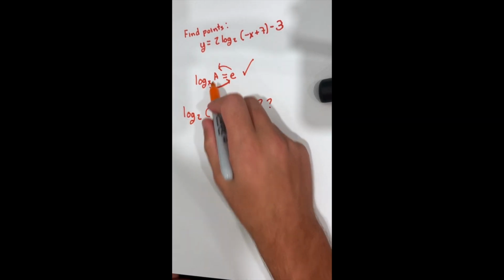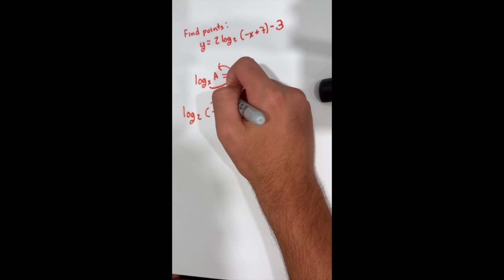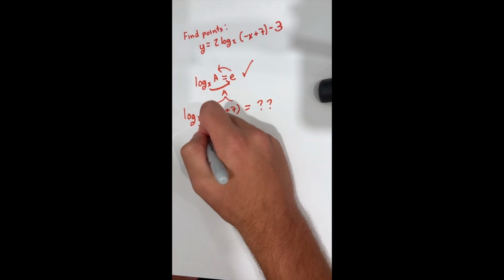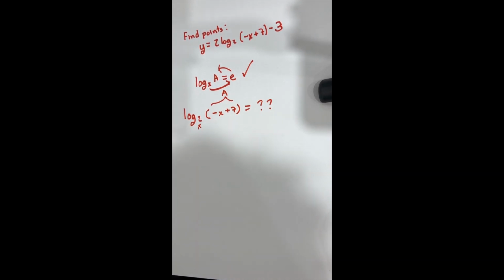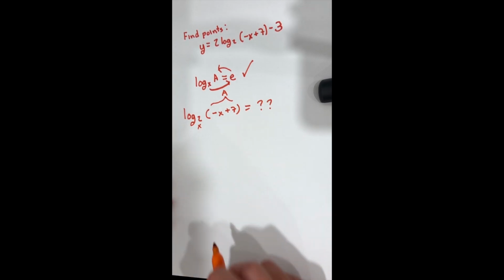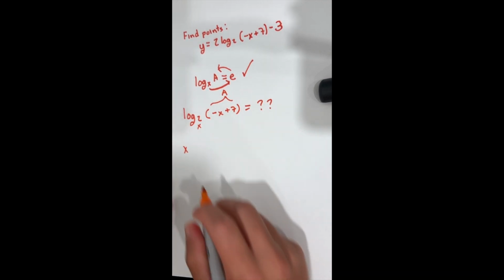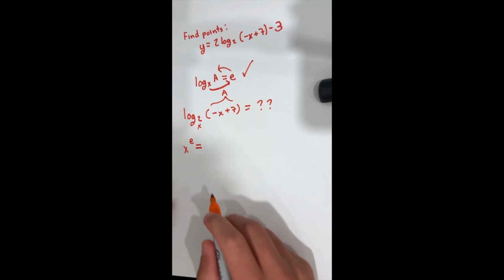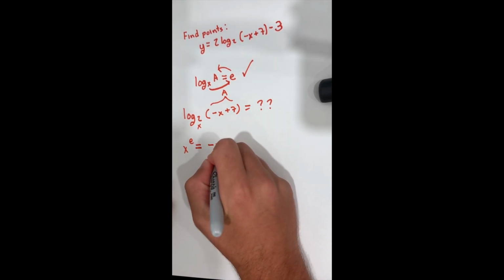Well, in this scenario, we could see that negative x plus 7 is a, and we could also see that 2 could be x. So, in other words, x must be to the power of something, e, and equal negative x plus 7.